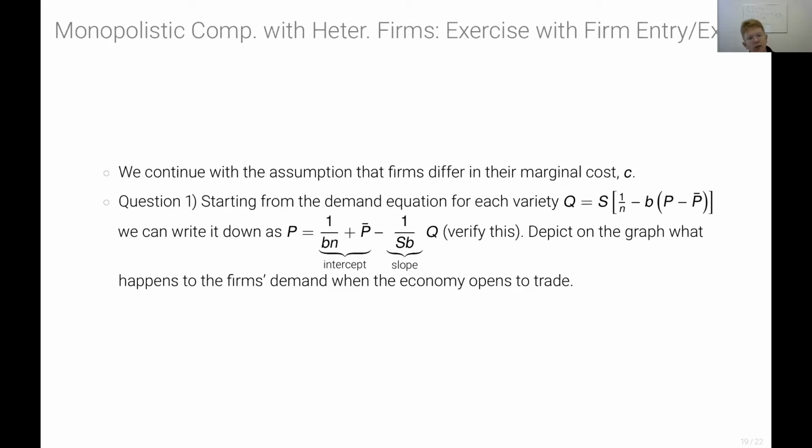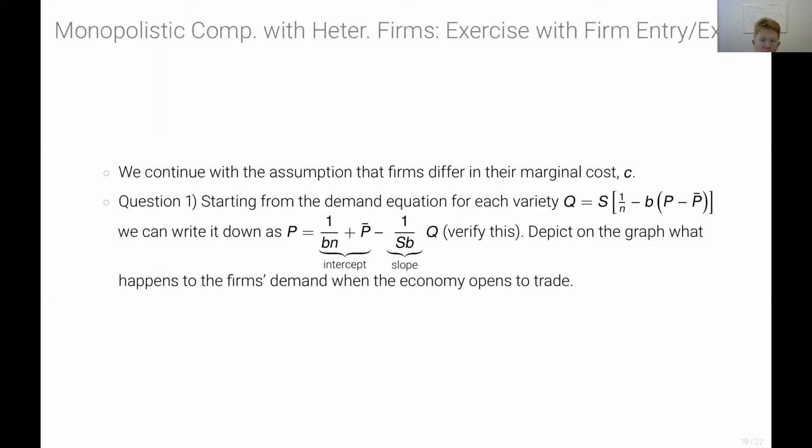Again, we're going to assume that firms differ in their marginal cost. That's how they're going to be heterogeneous. Each firm is going to share the same demand, so demand looks exactly the same as before. The price that each firm is going to charge is given by an intercept, 1 over NB plus P bar.